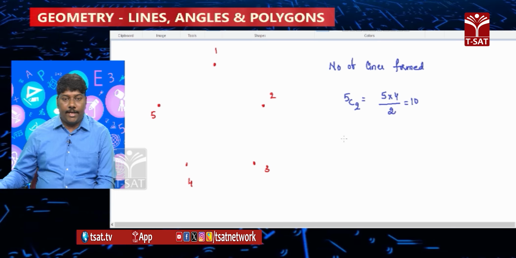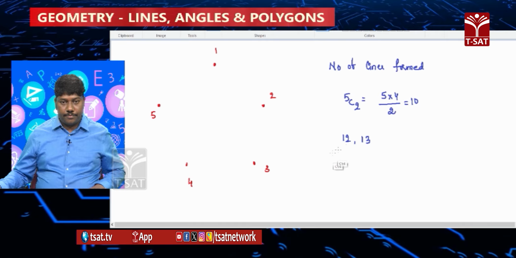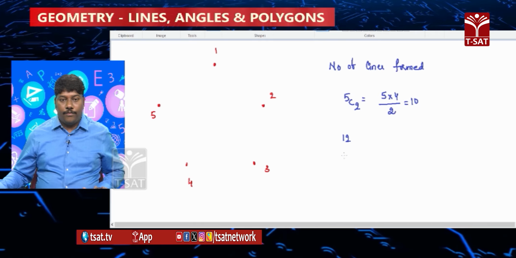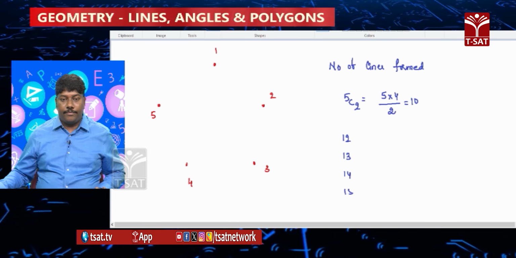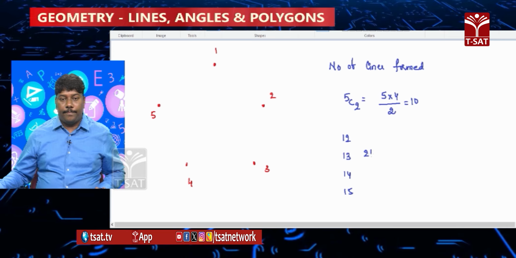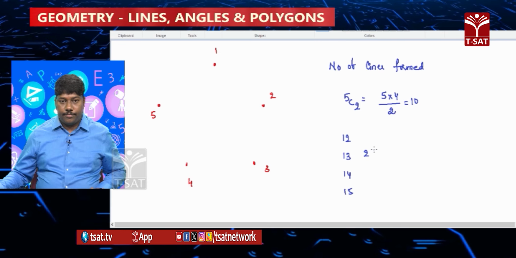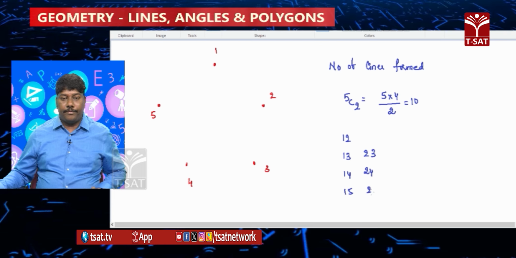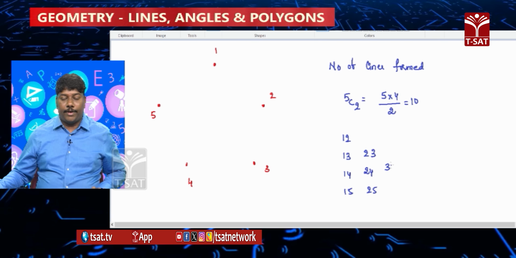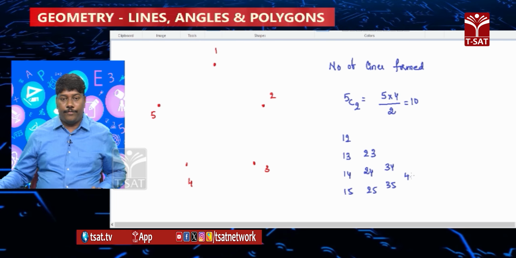And what are those 10 lines? You can say 1, 2, 1, 3, 1, 4, 1, 5. Write it in ascending order: 2, 3, 2, 4, 2, 5, 3, 4, 3, 5, then 4, 5.